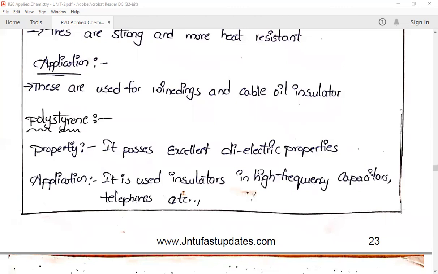That's why it is used for wire covering, line insulations, glass to metal seals, and other electrical engineering applications.